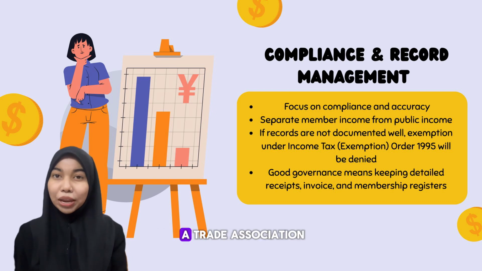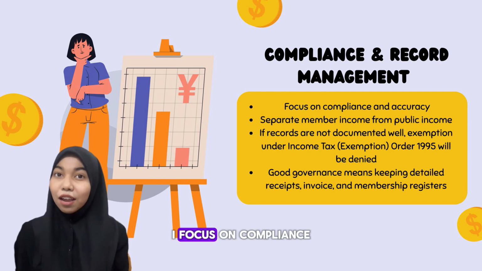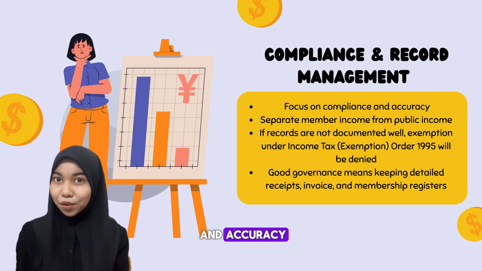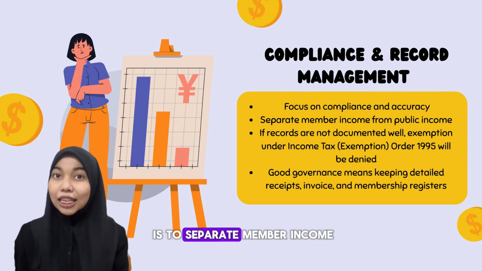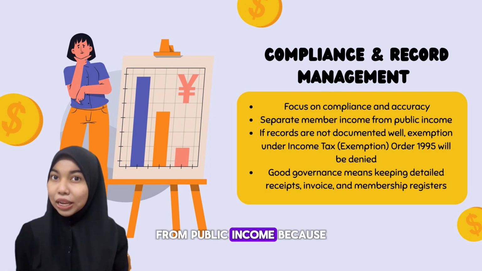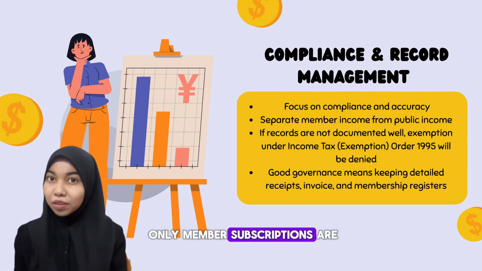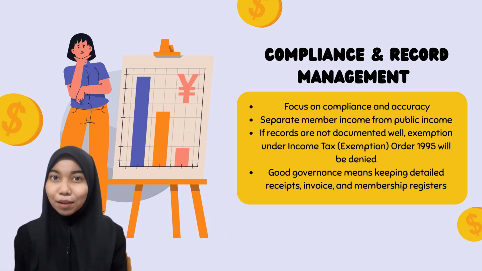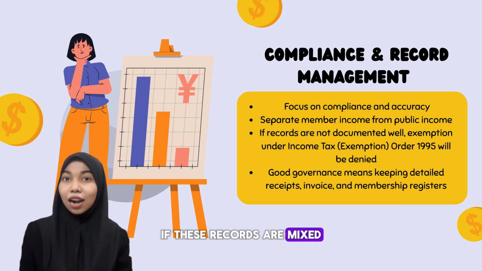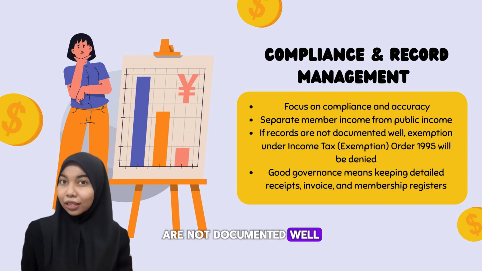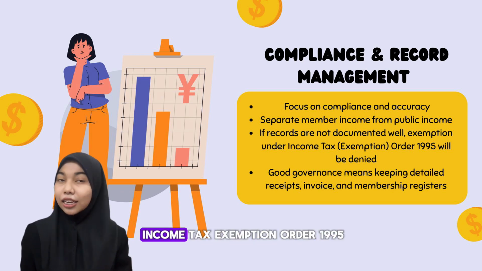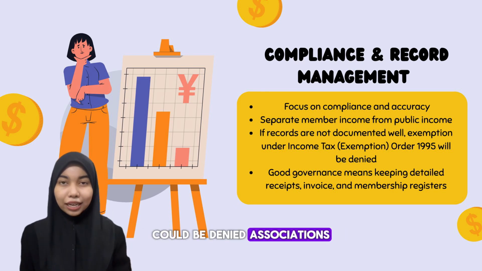As an accountant managing a trade association, I focus on compliance and accuracy. The most important thing is to separate member income from public income because only member subscriptions are tax exempt. If these records are mixed or not documented well, the exemption under the Income Tax Exemption Order 1995 could be denied.